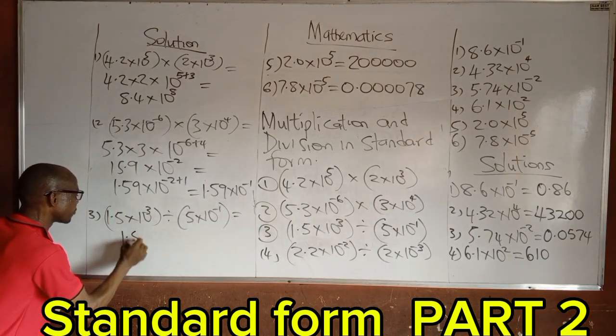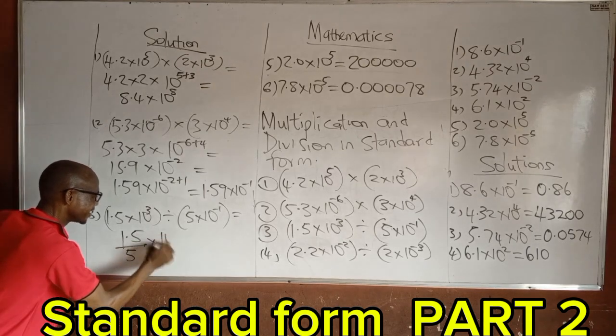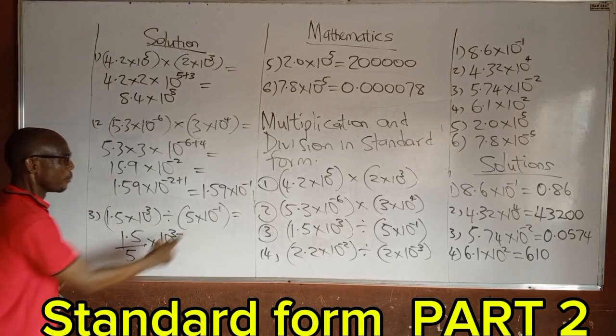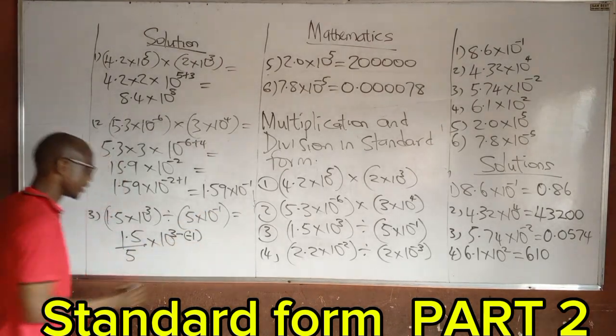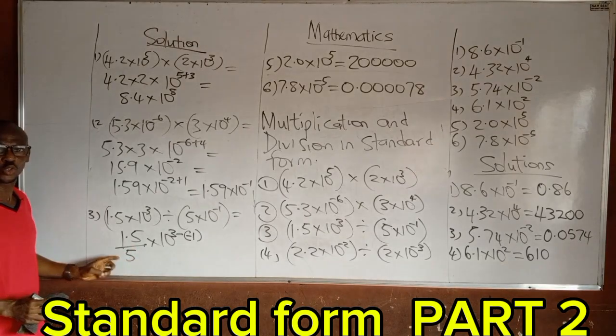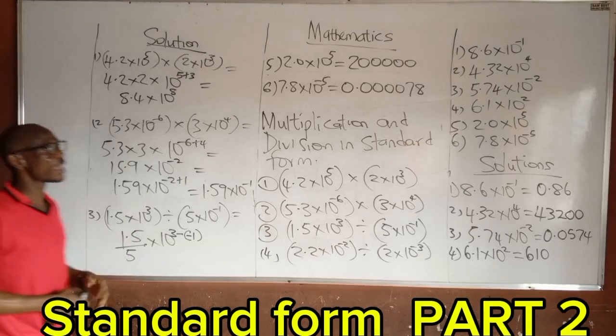This becomes 1.5 divided by 5 times 10 raised to the power of 3 minus, open bracket, minus 1.